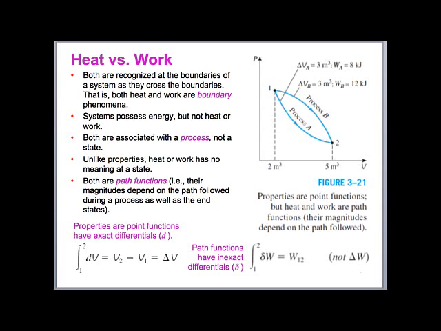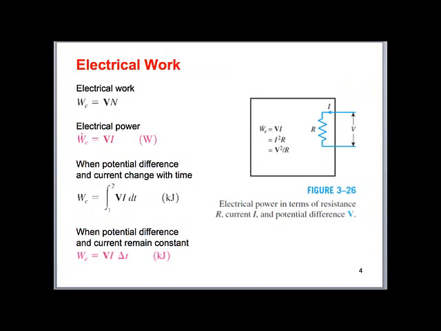Well, the path that process has taken is where work and heat have been transferred to or from that system. To denote that, we use a different sign convention. So we have an inexact differential to denote work and heat.